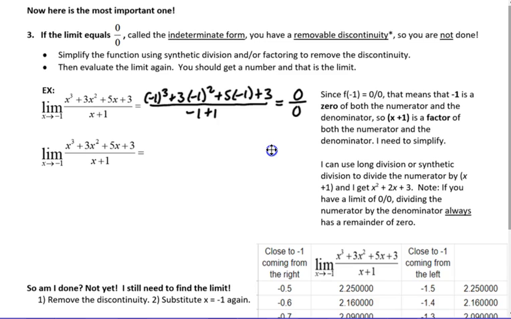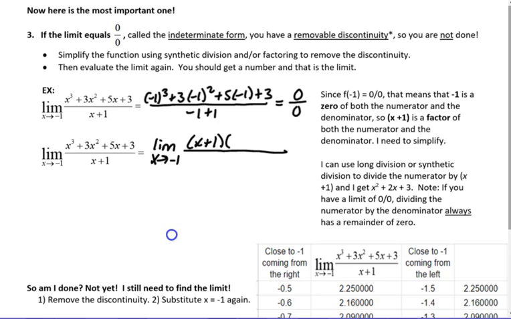Because we have 0 over 0, we know that -1 is a 0 of the numerator and the denominator. So recall from our polynomial unit that if -1 is a 0 of the numerator, that means the numerator has a factor of x plus 1 just like the denominator does. So we can begin to factor the numerator. We know that one factor in the numerator is x plus 1.